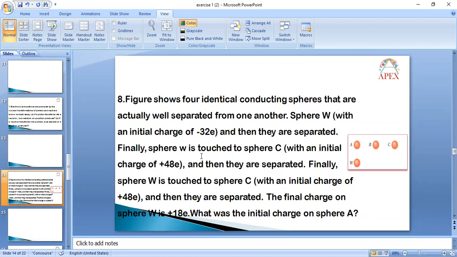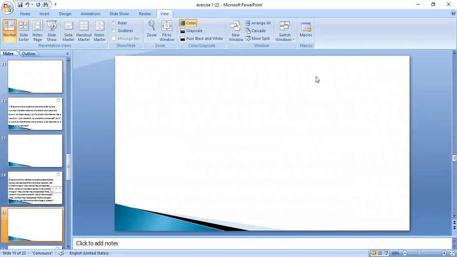Finally, sphere W is touched to sphere C. Of course, some more information is there in the question, so that information also you have to write here. I will just explain the question here.